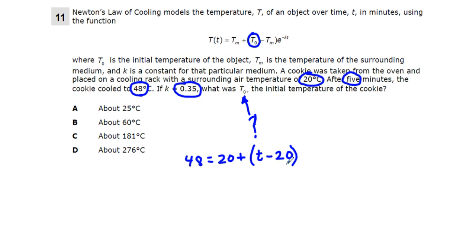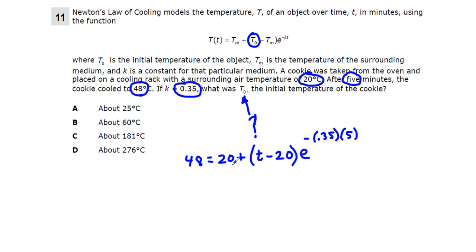And you can see 20 in two places, can't you? T sub m's in two places. Then e to the power of negative, and k is going to be 0.35, and t is going to be 5 minutes.